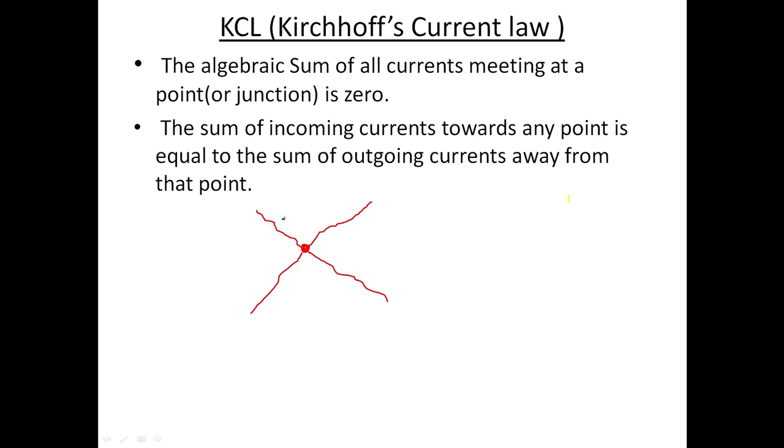Let's suppose this one is your I1, this one is your I2, this is again going I3, and this is I4. So KCL states that the incoming current is equal to the outgoing current.